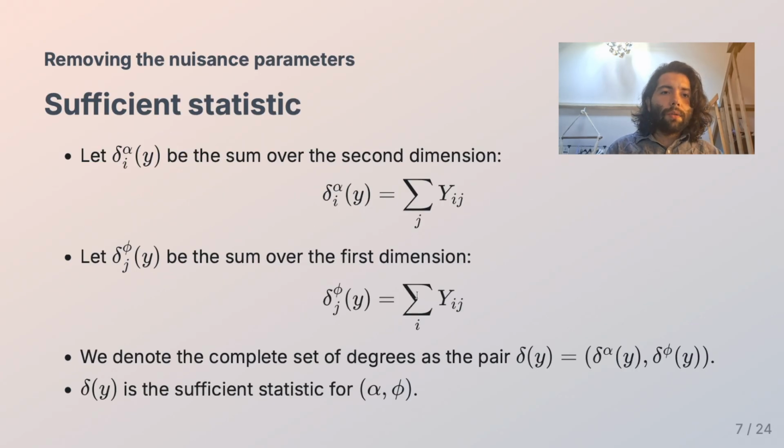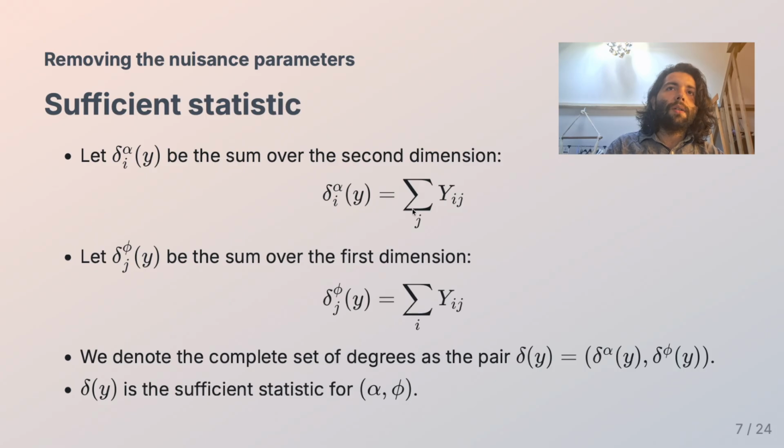It is well known that the sufficient statistic for each fixed effect is just the generalized degree. For instance, in the two-way model, if I have patients and doctors, the sufficient statistic of the fixed effect of a given patient is simply the sum of all y's associated to this patient. I will denote by delta_i, alpha_i is the fixed effect associated with individual i.